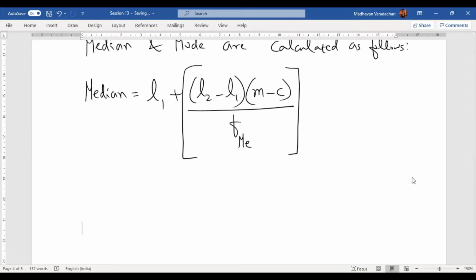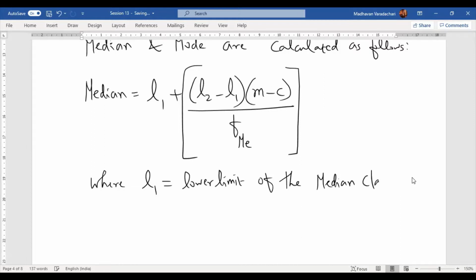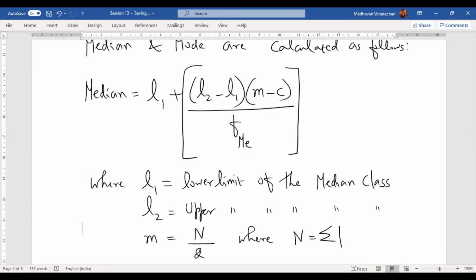So now let us write what all these are, where L1 is lower limit of the median class. L2 is upper limit of the median class. Small m is nothing but capital N divided by 2, where capital N is sum of all the frequencies.